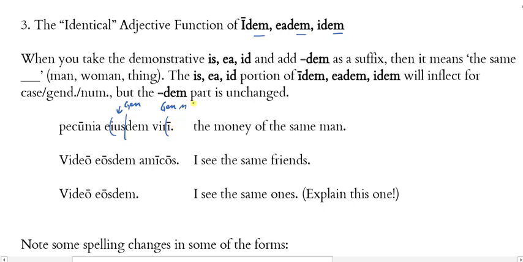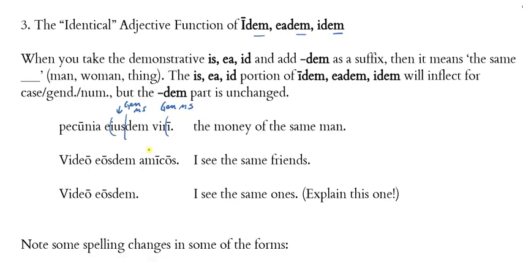It's genitive masculine singular. So I would want the genitive masculine singular inflection of eius here, right? And eius is actually genitive masculine, feminine or neuter singular from the is, id forms that we saw. So this is genitive masculine singular because viri is genitive masculine singular, and it has to match viri.